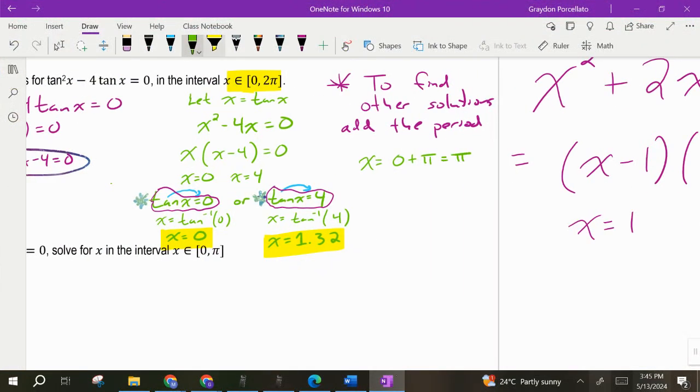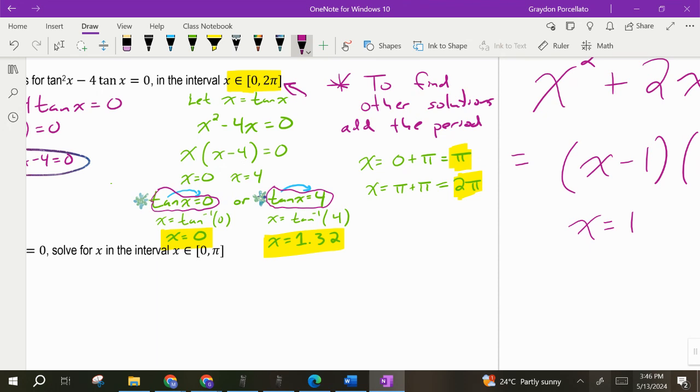So that's a solution. Then we add another period: x equals pi plus pi, which is equal to 2 pi. So that's a solution. Now, if I add pi again, we're at 3 pi, which is outside of the interval that the question asks about. So those are 2 more solutions.